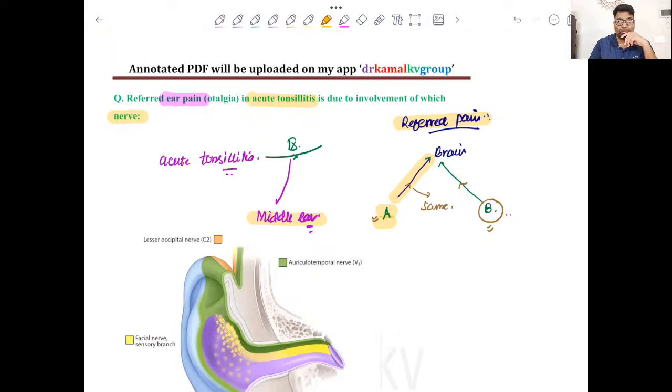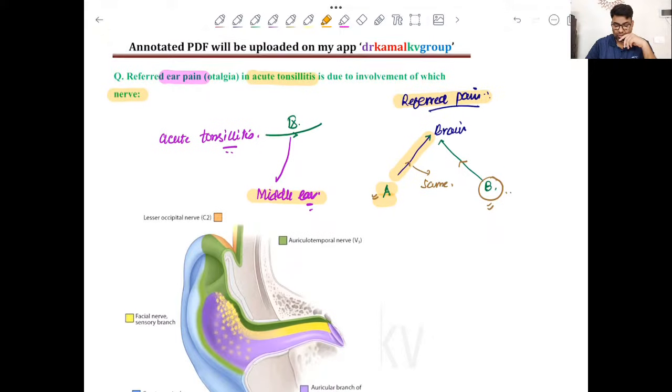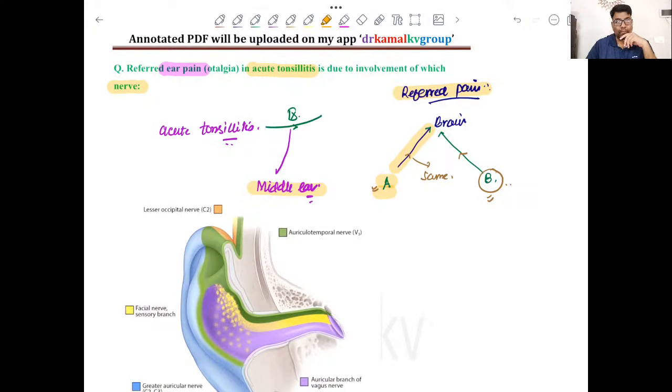It is just because the pathology is somewhere else, but since both structures have a common nerve supply, the patient might come to you with ear pain, or what we call otalgia. If a patient comes to you with ear pain, it does not mean that he is going to have ear pathology only.